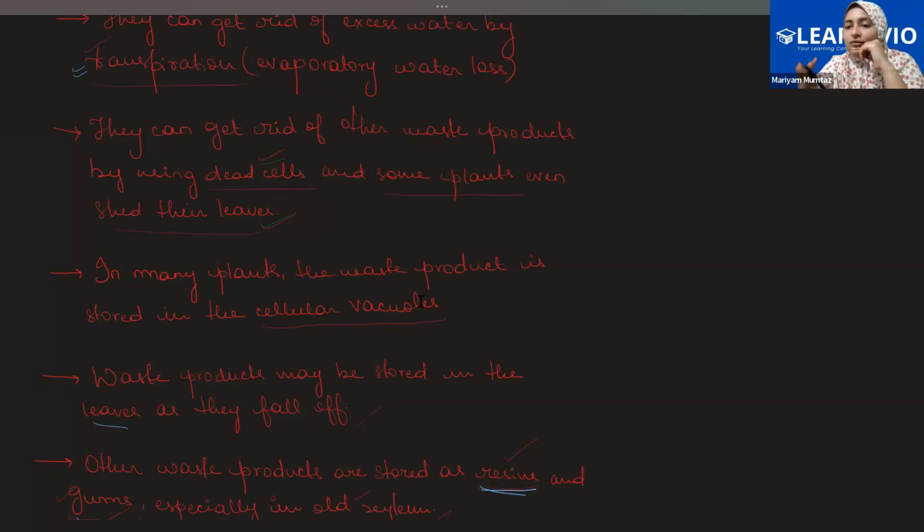The whole road and streets become covered with the shed leaves. Why does that happen? First of all, the leaf has become mature, it has become old. Another reason is that the plant is excreting out all of the dead cells and everything, and that comes off as shedding of leaves.